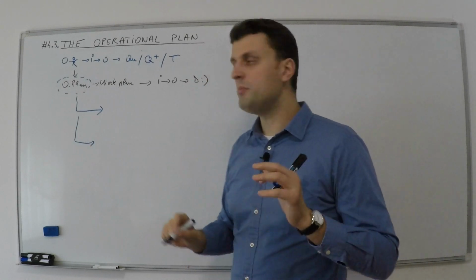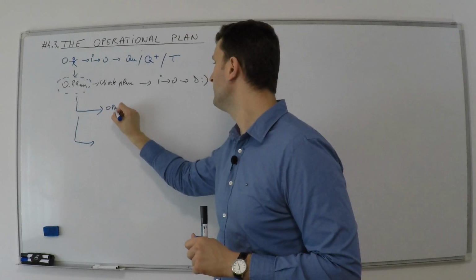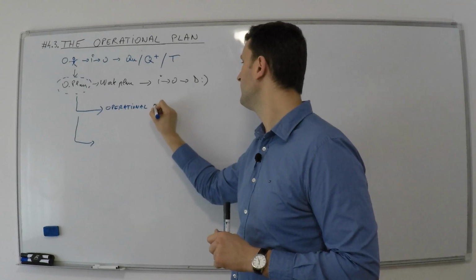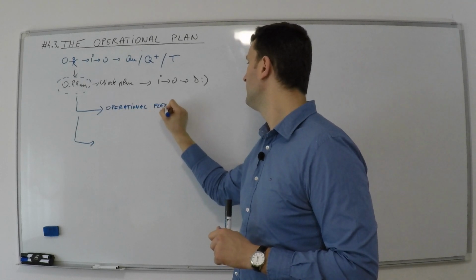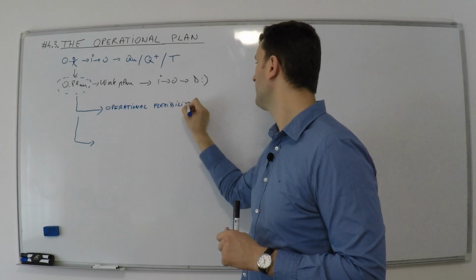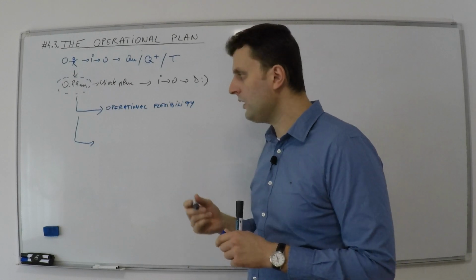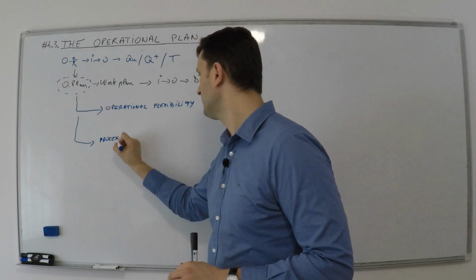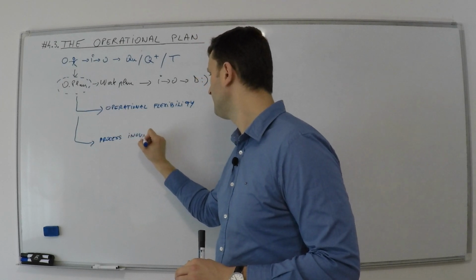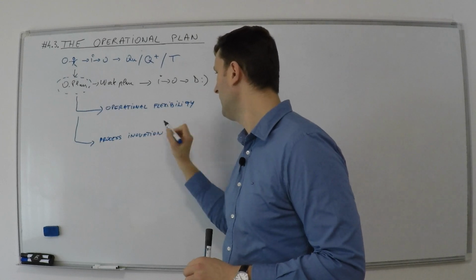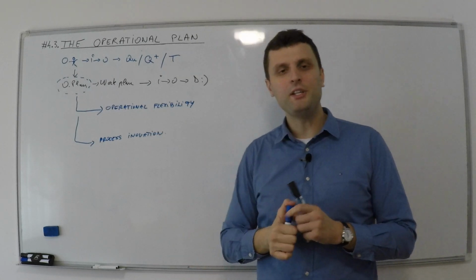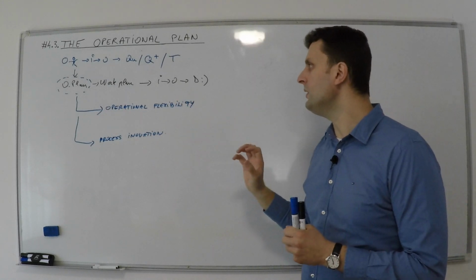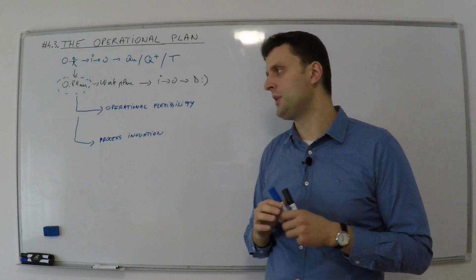The first one is operational flexibility, and the second one is process innovation. I'm going to explain what each means so that we better understand why they are crucial to be the focus point of an operational plan.